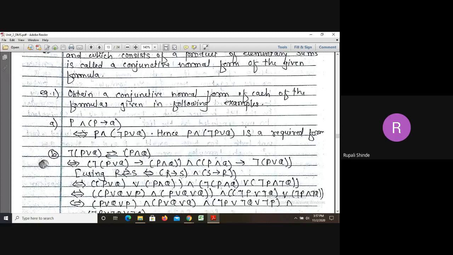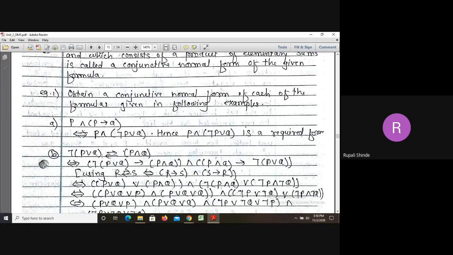R conditional S means negation of P or Q conditional P and Q. And the second one, S conditional R, so S is P and Q conditional negation of P or Q.